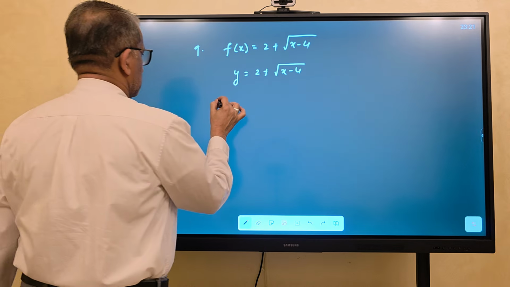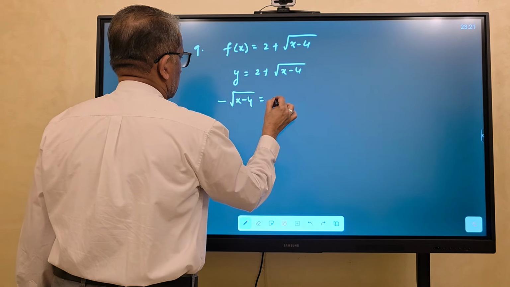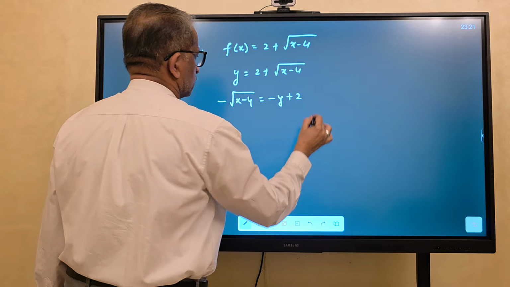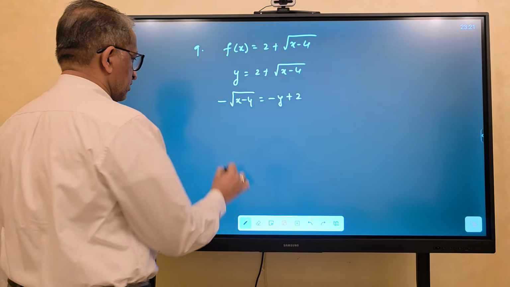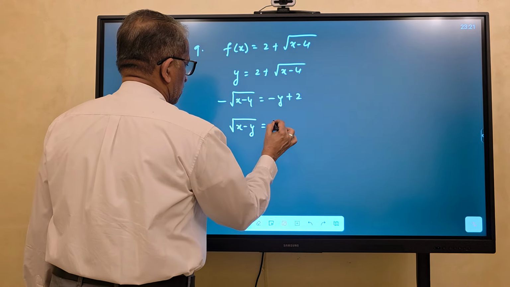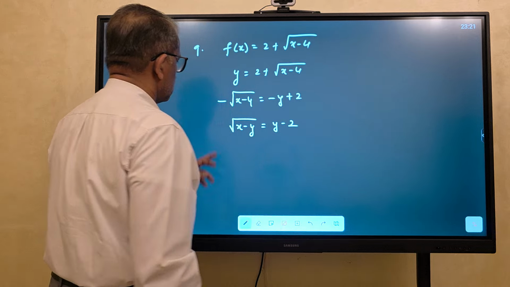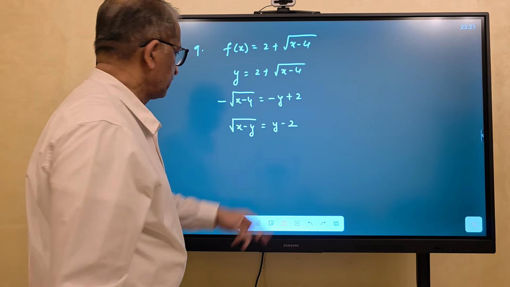Bring this to the left: minus root of x minus 4 equals minus y plus 2. Multiply by minus everywhere: root of x minus 4 equals y minus 2. See, minus times minus becomes plus.